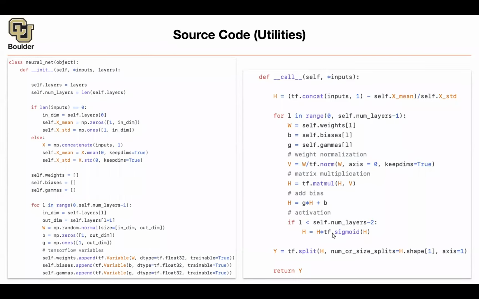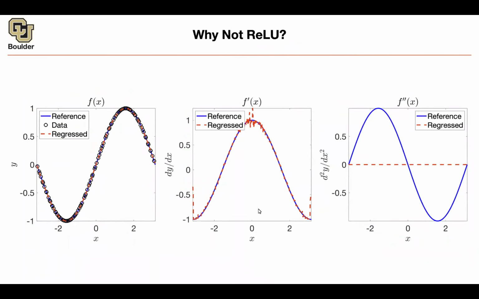We couldn't use ReLU activation function. We decided to use swish activation. It's a smooth approximation to ReLU. We know that ReLU is an important contribution for deep learning in general. It didn't work for us because we are taking derivatives of our functions with respect to the input, and it's going to interfere with the physics.